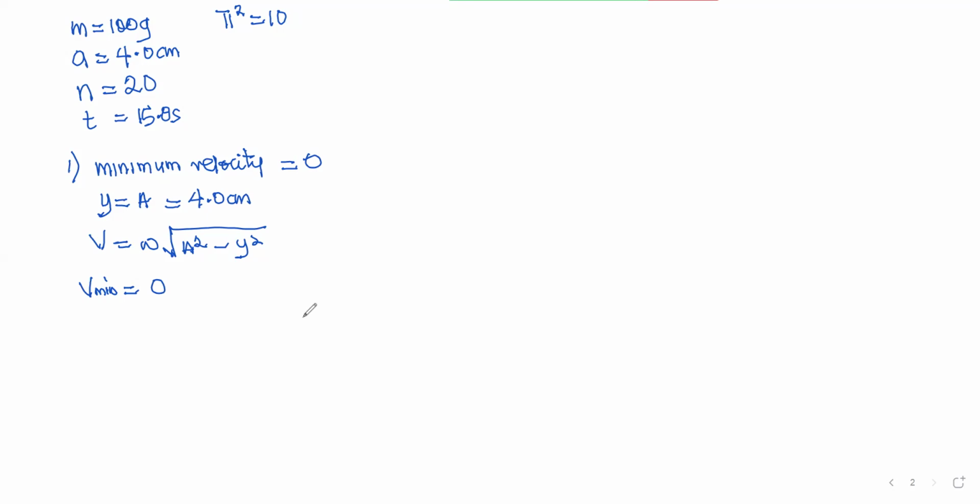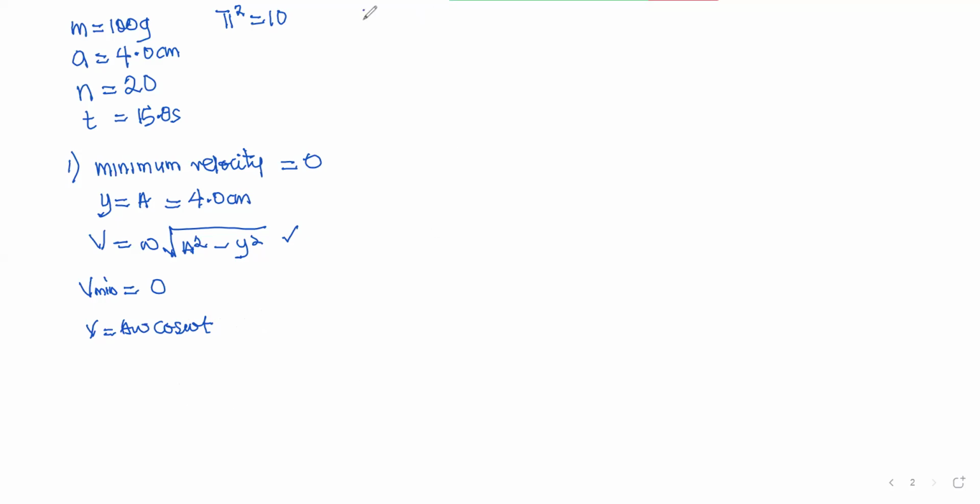So the equation v is equal to A omega cos omega t is velocity in terms of time, and this is velocity in terms of displacement. Are you okay? Yes, please. All right, so we have to determine the total mechanical energy at the equilibrium position.